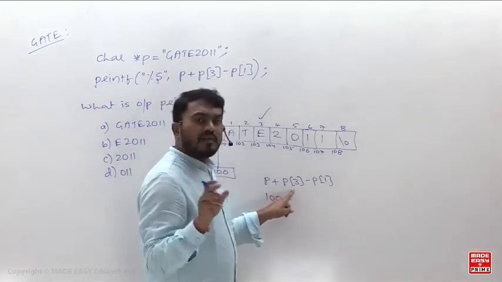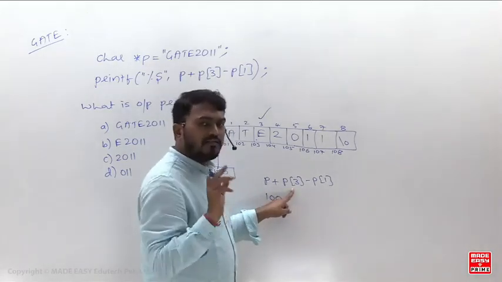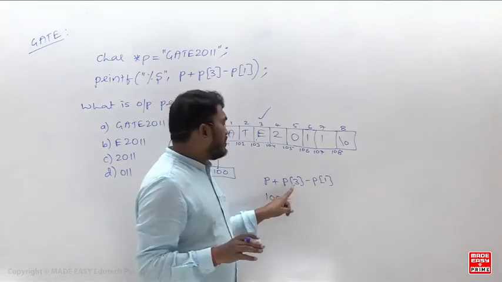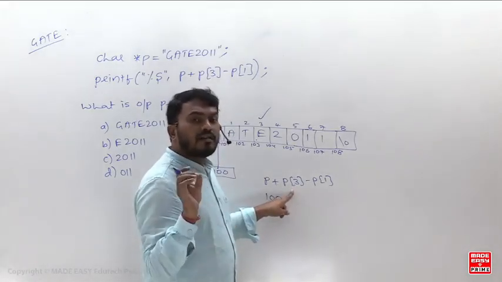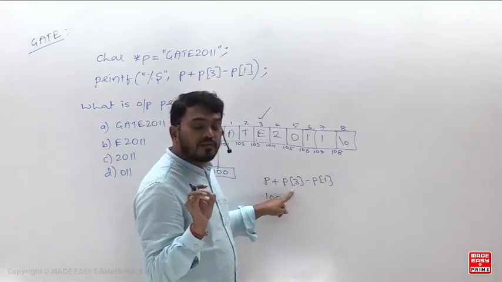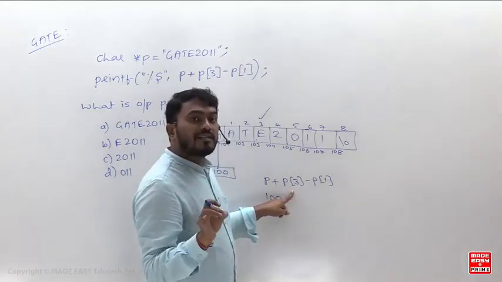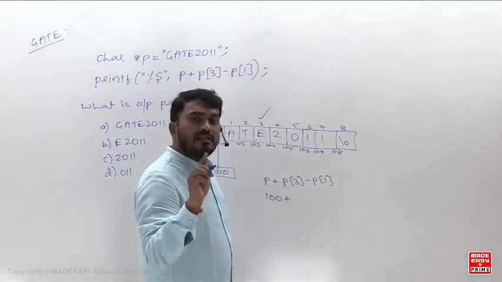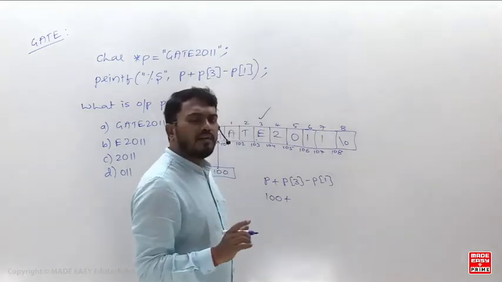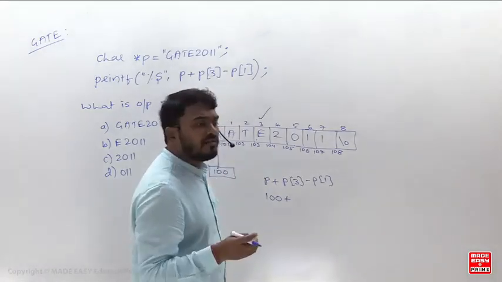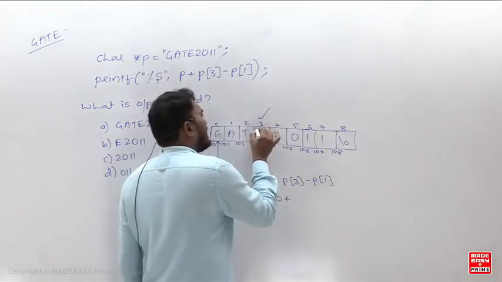If you are printing with percent d, you have to print the ASCII value. Here you are not printing, you are reading P of 3 in the question. You have to read the ASCII value of the respective character. In yesterday's strings class, in the first example, I told this: you need to read the ASCII value of the respective character, because actually you will have the ASCII value only.